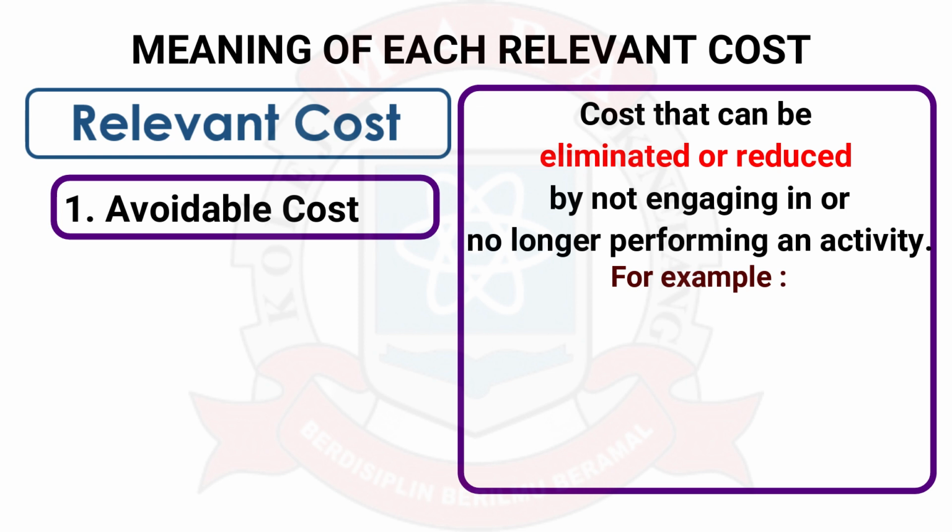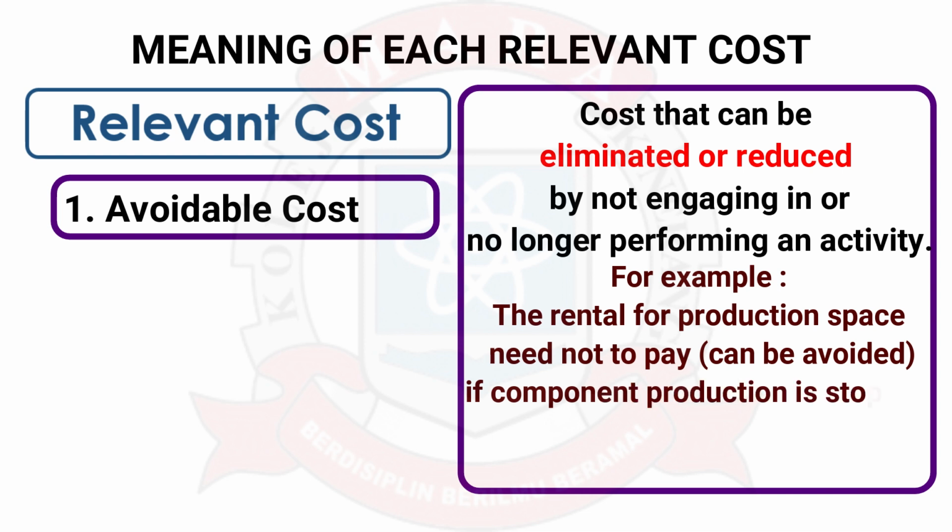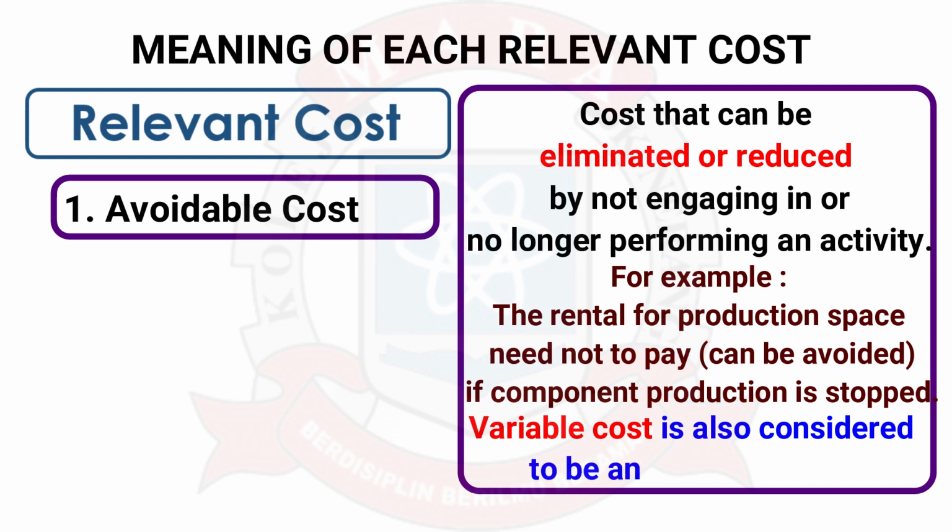For example, the rental for production space need not be paid, so it can be avoided if component production is stopped. Variable cost is also considered to be an avoidable cost.